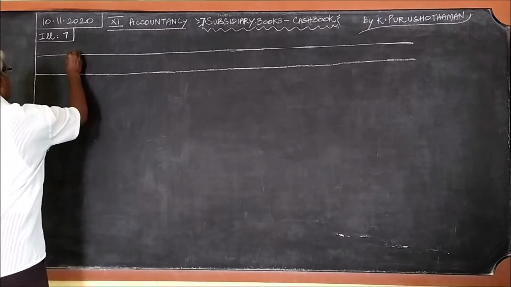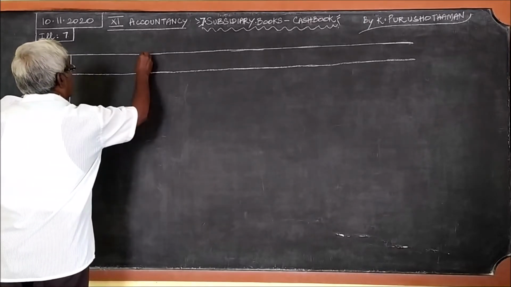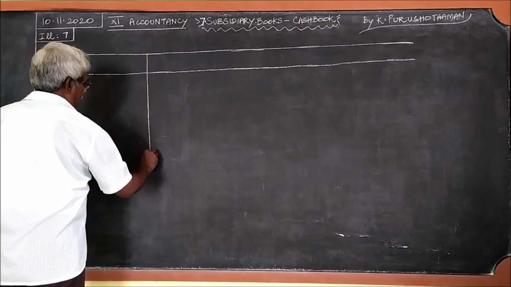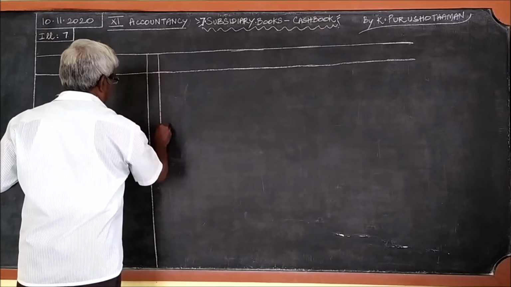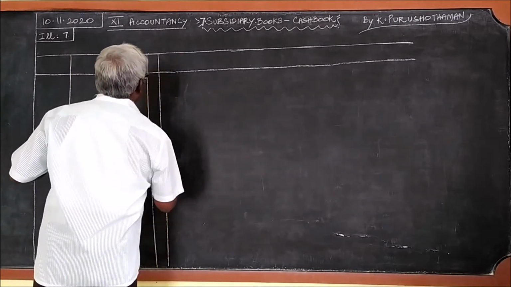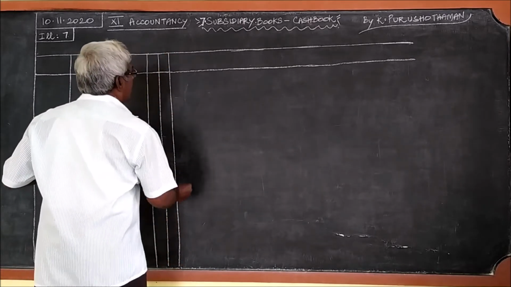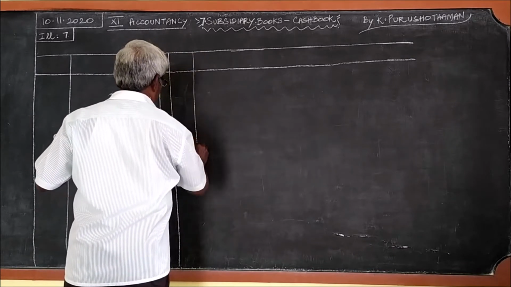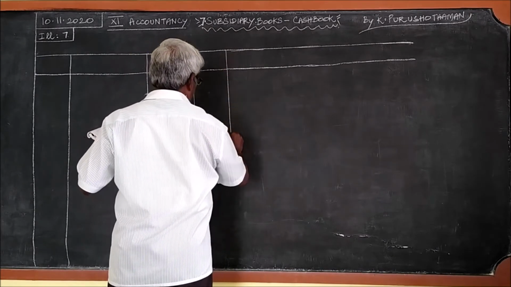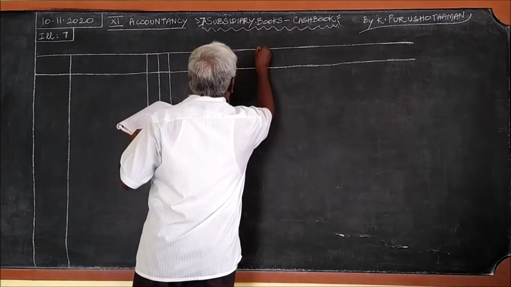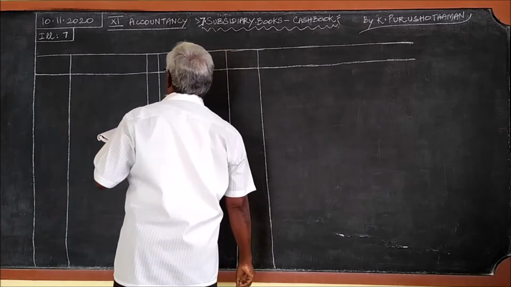Date, particulars, receipt number, ledger folio, discount, cash, bank.